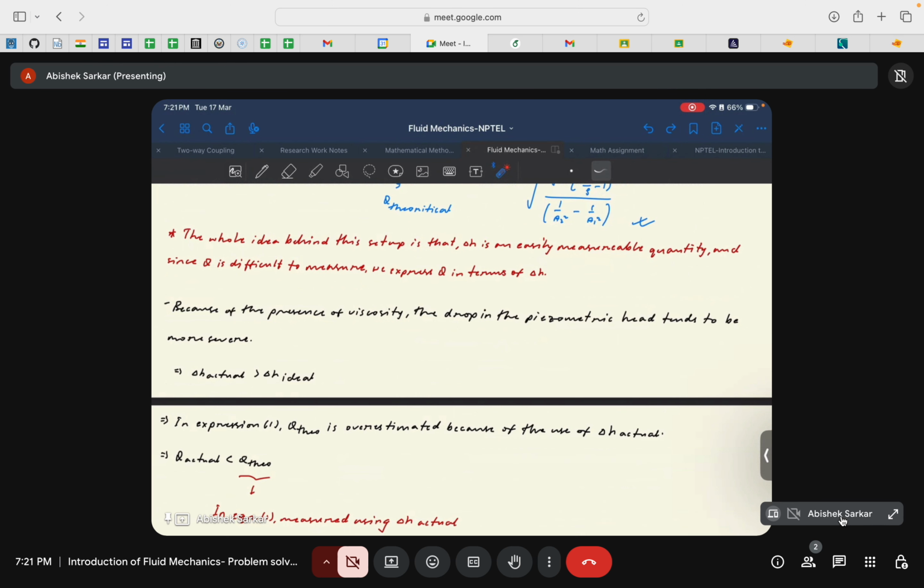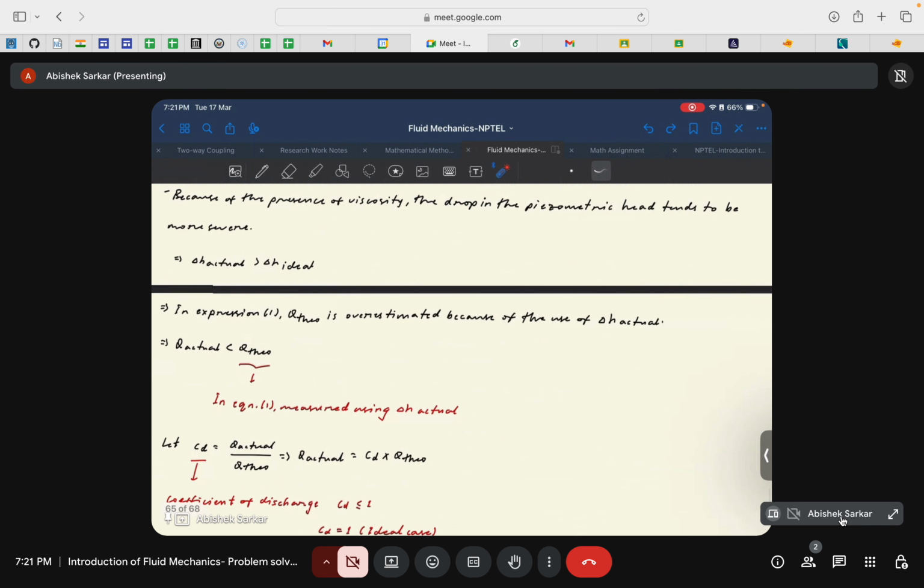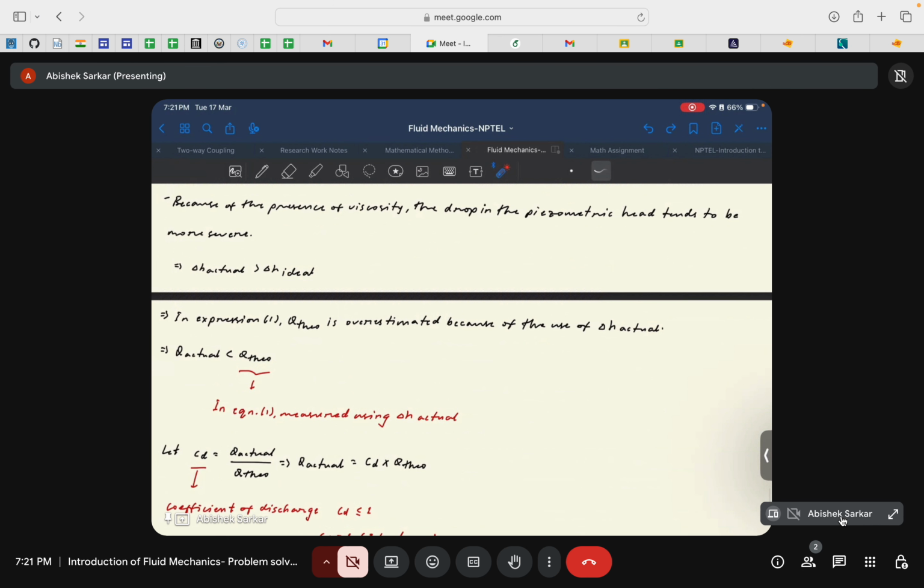And this results in the theoretical volume flow rate being higher than the actual flow rate. So the volume flow rate obtained from Bernoulli's equation turns out to be higher than the actual volume flow rate occurring through the actual Venturi meter. That's why Q theoretical turns out to be higher than Q actual.